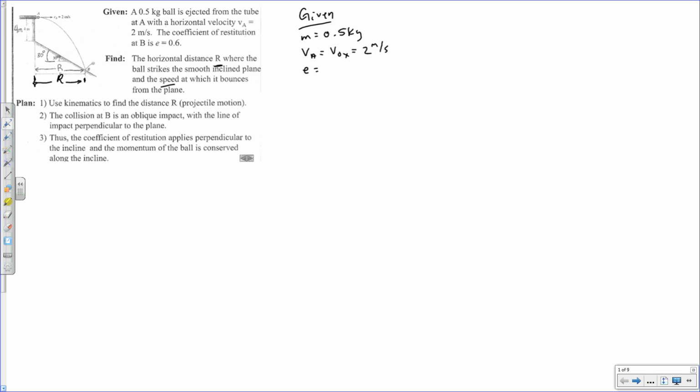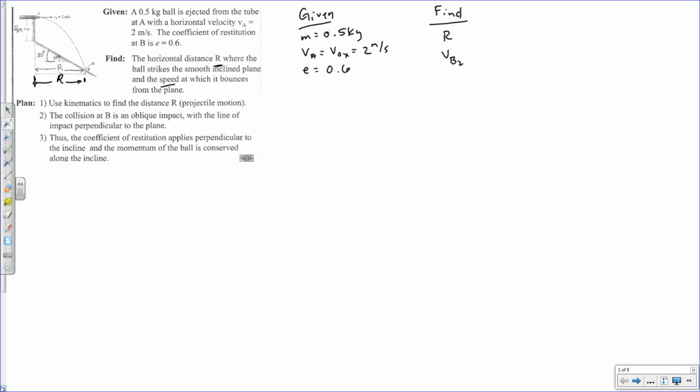The coefficient of restitution between the ball and the inclined plane is 0.6. And we are trying to find the distance R where it strikes the plane itself, and the speed VB2, I guess we can call it, the speed that it ejects after bouncing off the plane, the rebound speed after it bounces off of B.